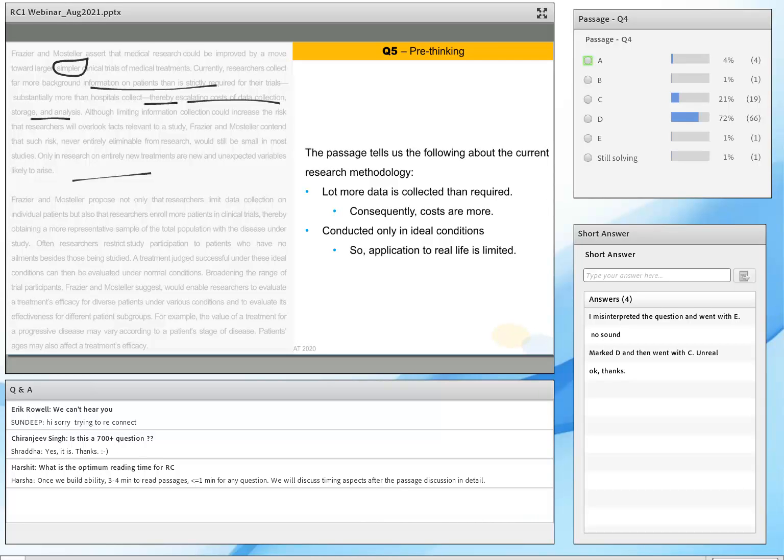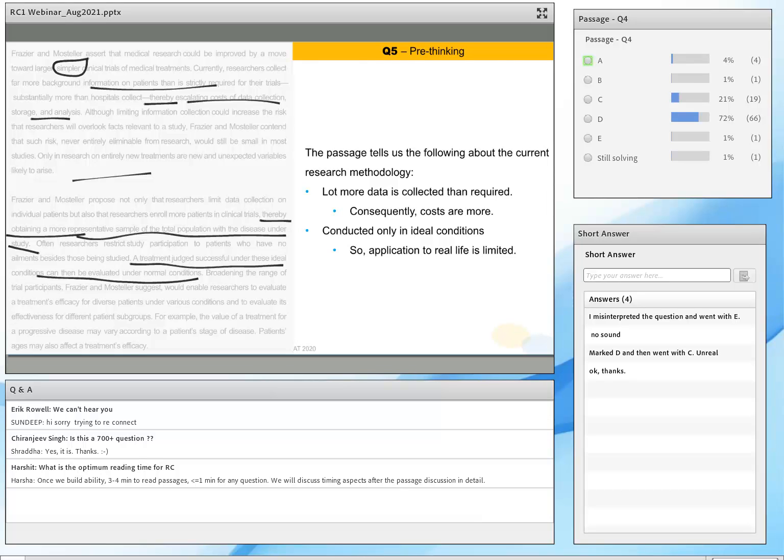When we take a look at the second part of the passage, although the cause and effect is not very explicit, we can still understand it when the author says that a treatment judged successful under these ideal conditions can be evaluated under normal conditions, thereby obtaining a more representative sample of the total population with the disease under study.